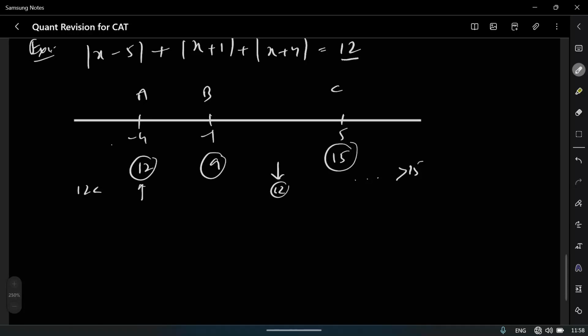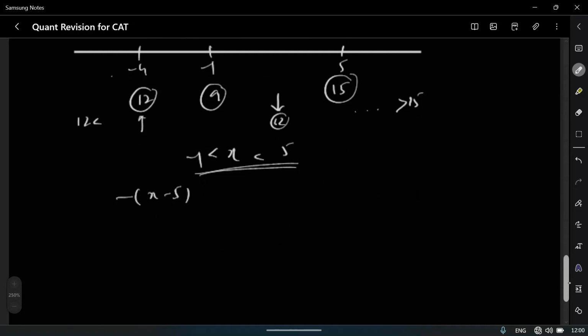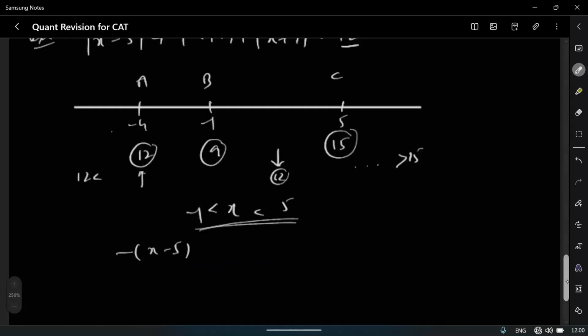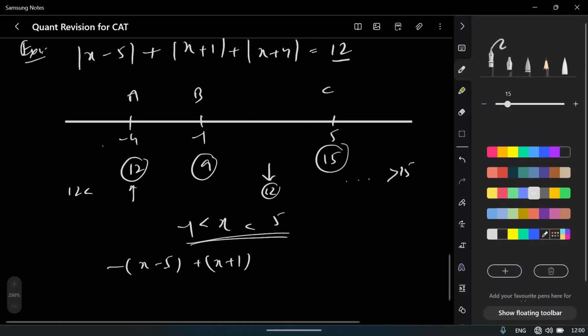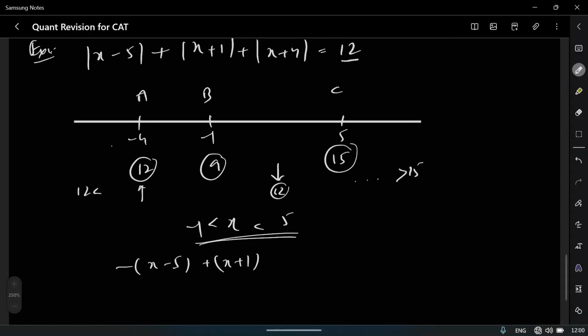So how are we going to solve it? Let x lie between minus 1 and 5. Then x plus 1 is positive, and x plus 4 is also positive.